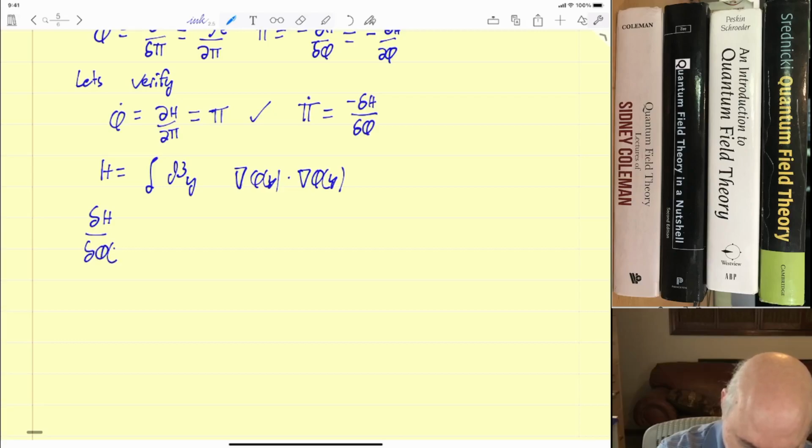Okay, so now let's take a functional derivative of this. And when we take a functional derivative, we take it at a specific point. That's why I have this x here. It's the field at a specific point. And what this becomes is the integral of d3y, and I can move that functional derivative through.